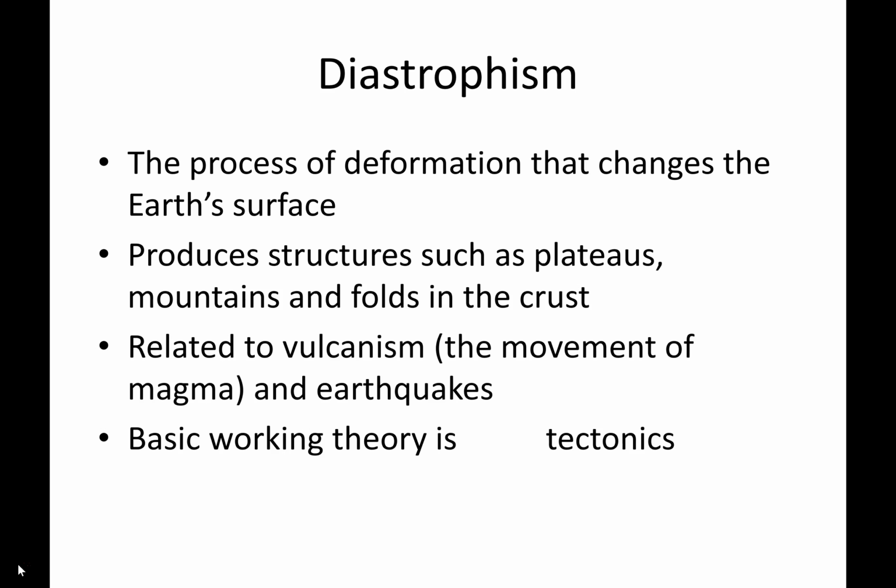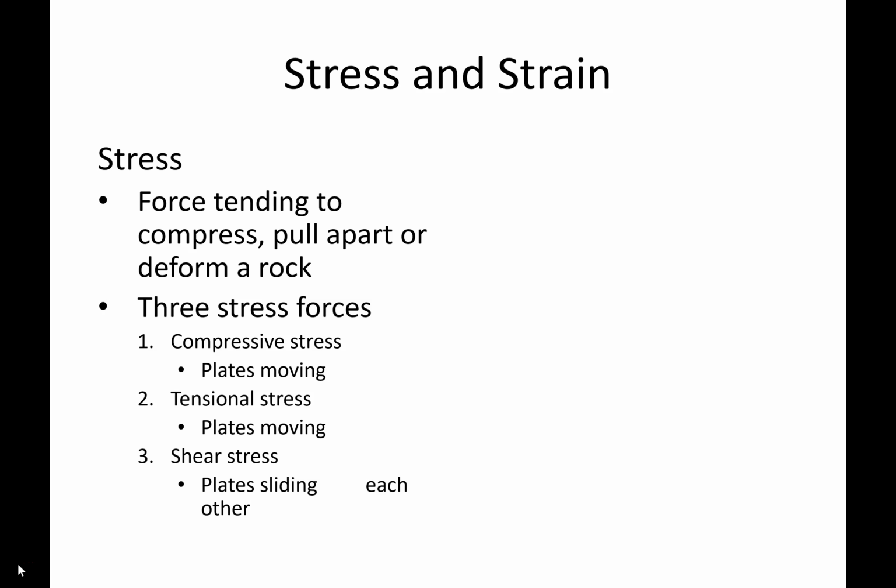So that actually can account for a lot of surface features that we see. So diastrophism, okay, that kind of goes to how surface features are changing on the Earth. And again, at the crux of it is this idea that we have plates of material that are moving.